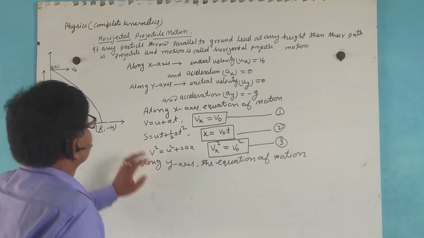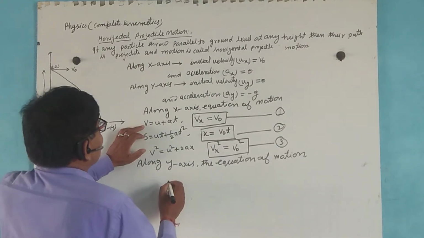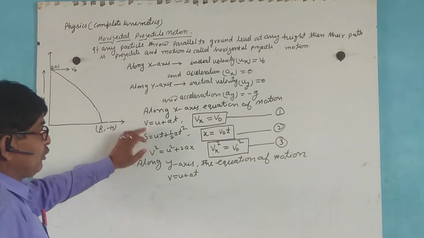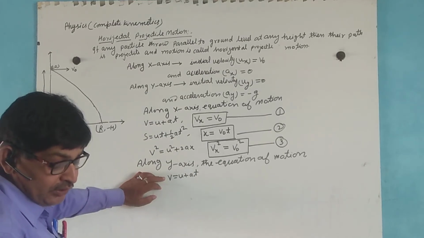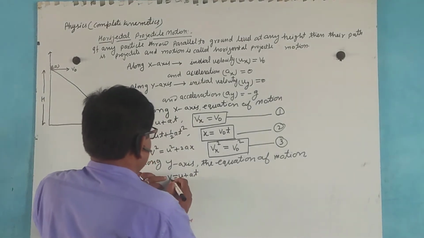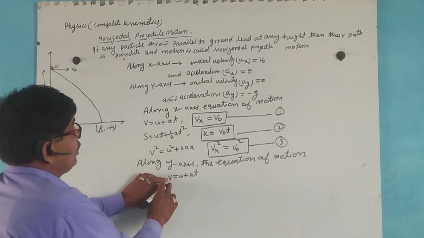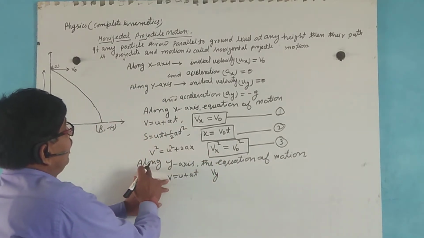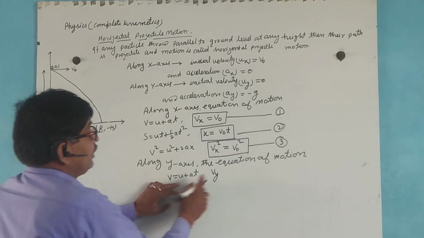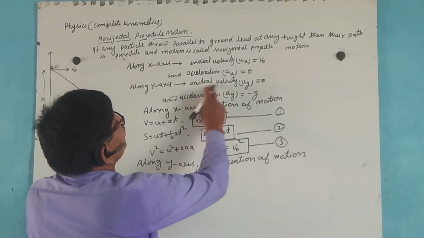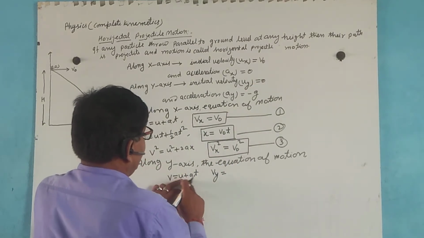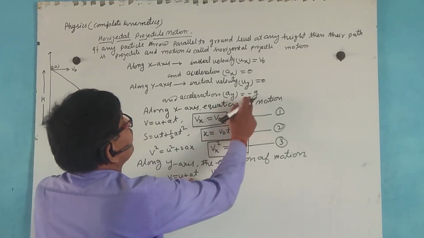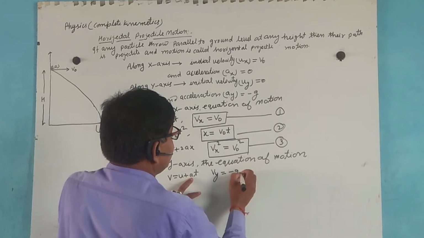By the general equation of motion v is equal to u plus at, where v is the final velocity, the y component vy, equal to uy, which is 0, plus at, where ay is equal to minus g, and t.